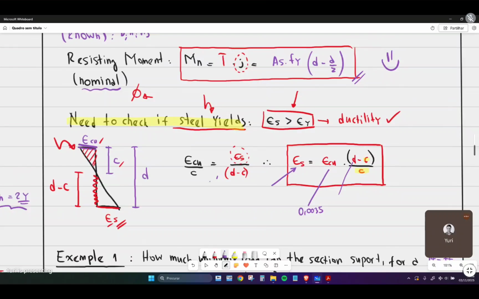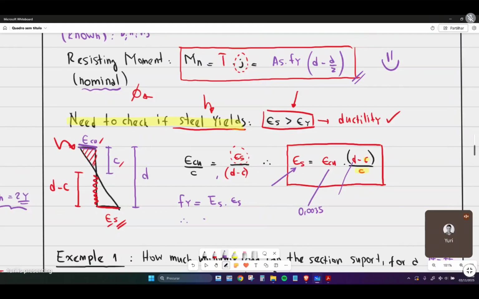Also, it's important to highlight the yielding strain in the reinforcement. We know that stress equals modulus of elasticity times strain.